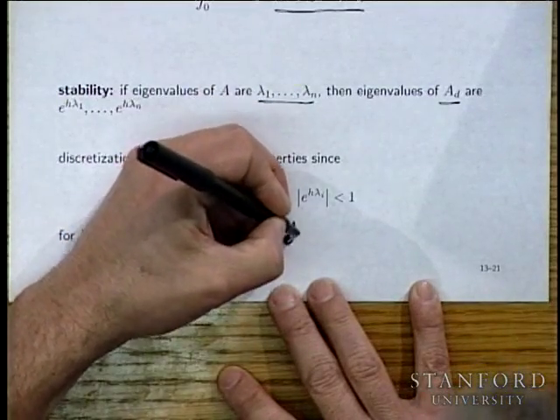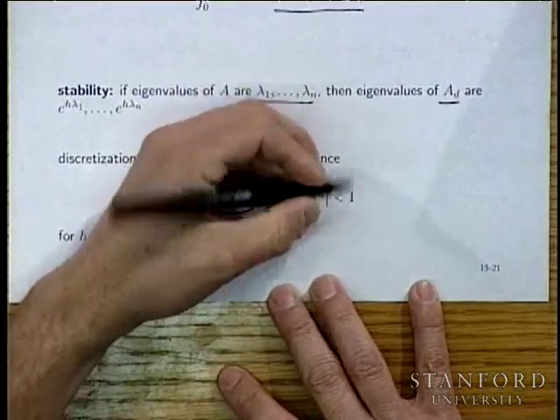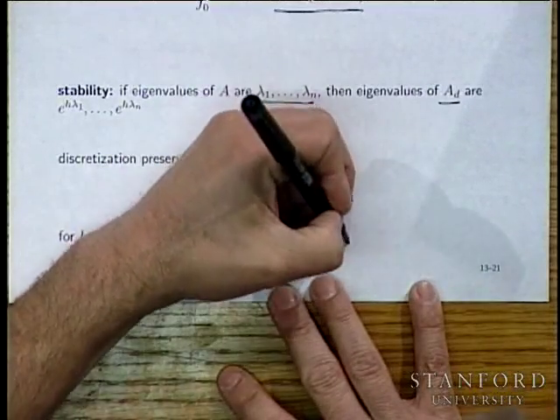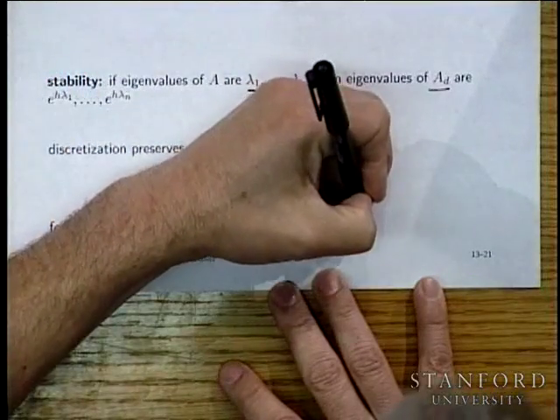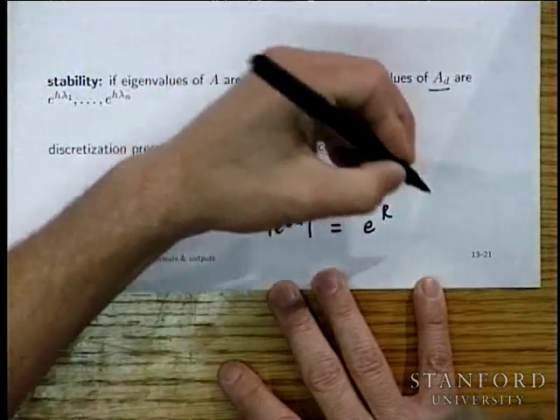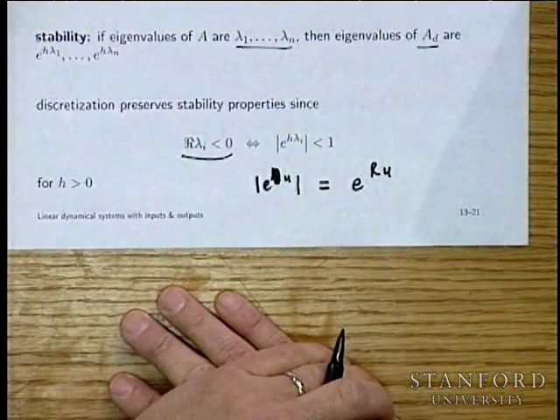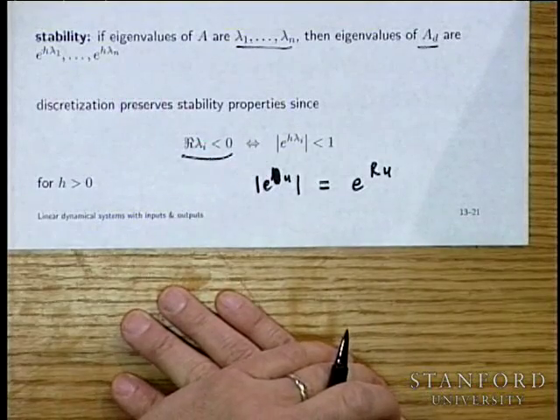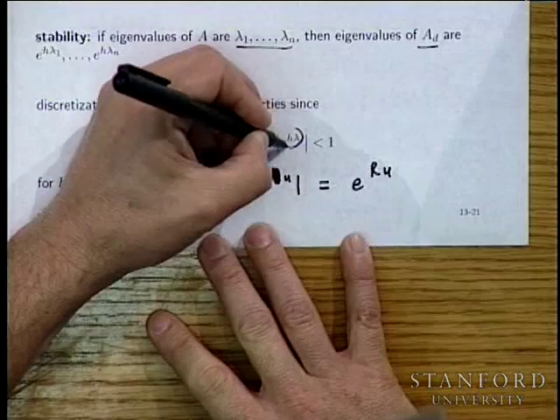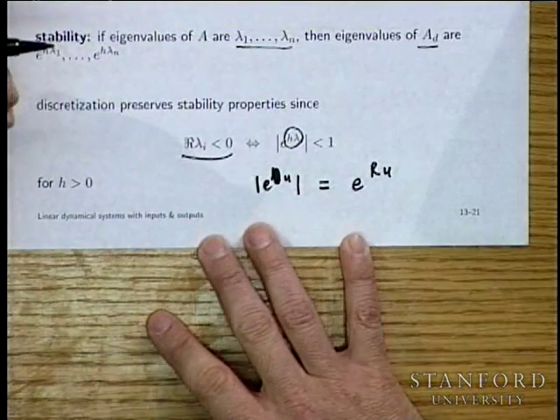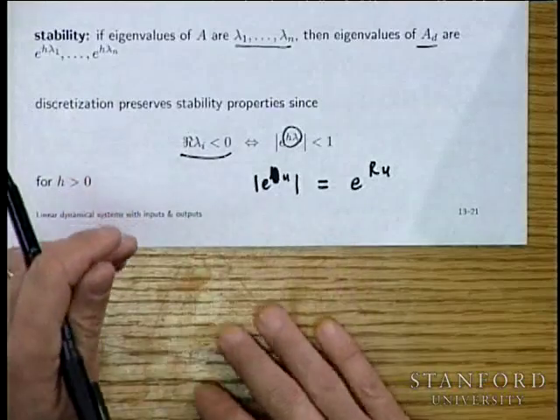The magnitude of e to the u, if u is a complex number, is exactly equal to e to the real part of u. So that's almost by definition, right? So if this has negative real part, then the magnitude of this is less than 1.